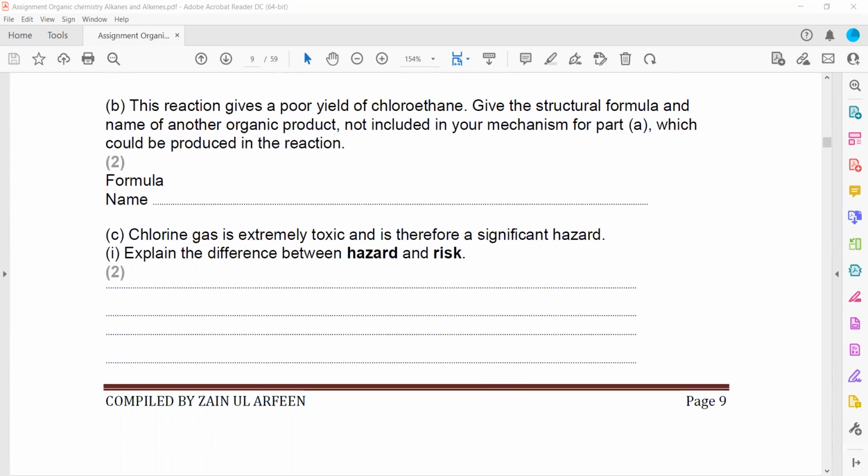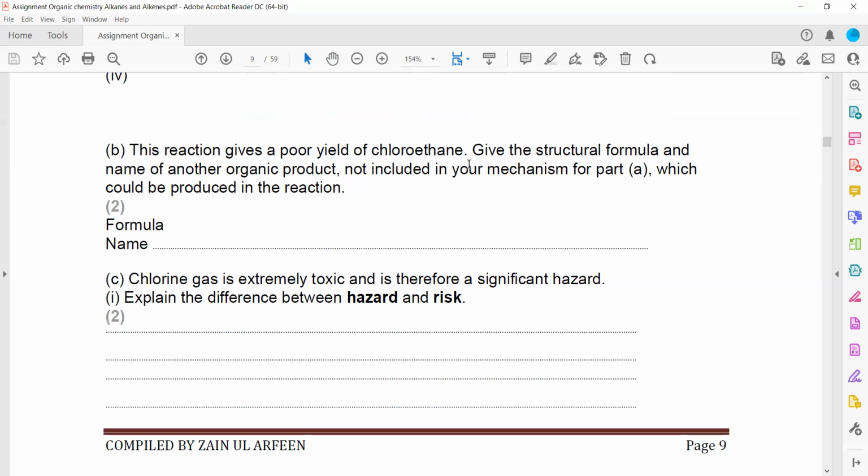Maybe instead of producing chloroethane, it might produce dichloro or trichloro. It might produce any of the other products, because when this reaction occurs, it can have multiple substitution, like we did for one only. But instead of chloroethane, it might produce dichloroethane, or 1,2-dichloroethane.